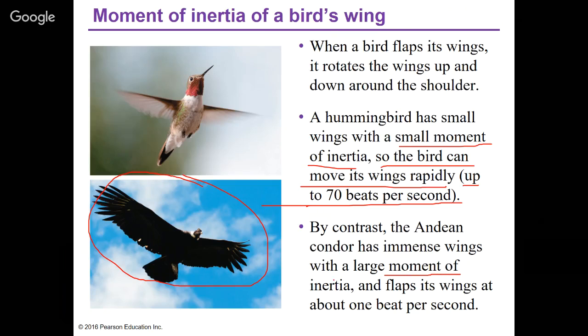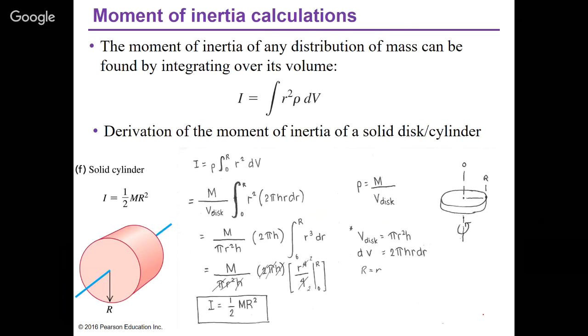So the moment of inertia of this bird is much greater than a hummingbird, and it will be difficult for it to flap its wings very quickly. Typically, these birds are doing less than 1 beat per second. Okay, so these are real world examples where the concept of moment of inertia can be applied.